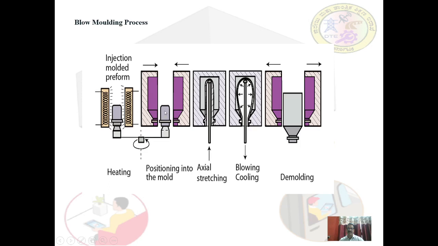It is introduced into this and closed, and actual stretching is done by blowing air so that the molten material or melt reaches up to the bottom, and then finally it is blown under pressure so that the material sticks to the inside mold surface, and then it is cooled by blowing cooling air so that the plastic material solidifies and acquires the shape of the mold.